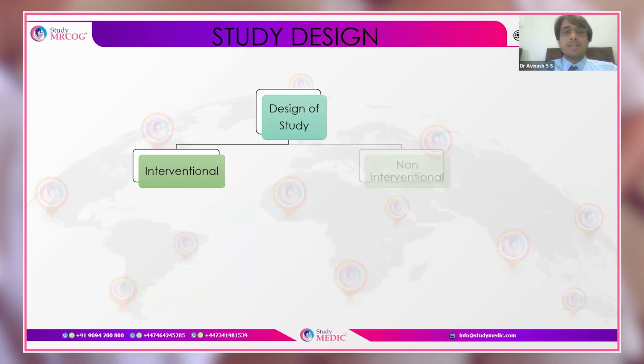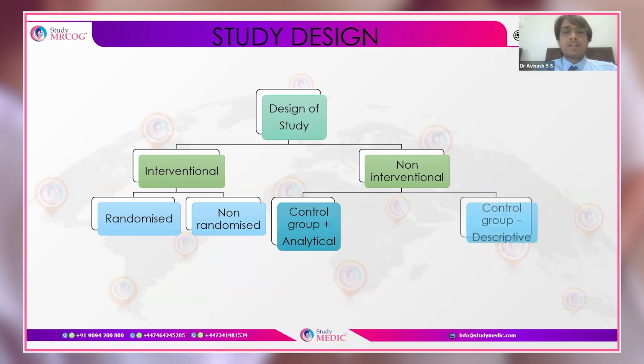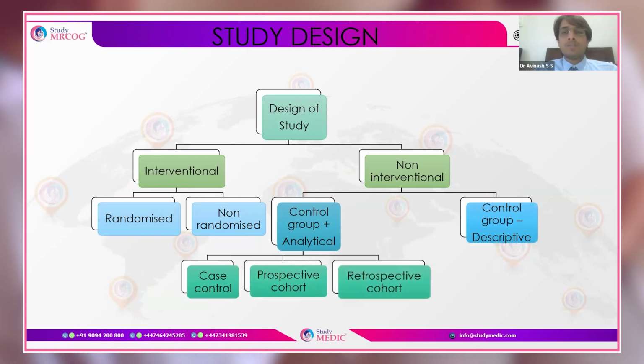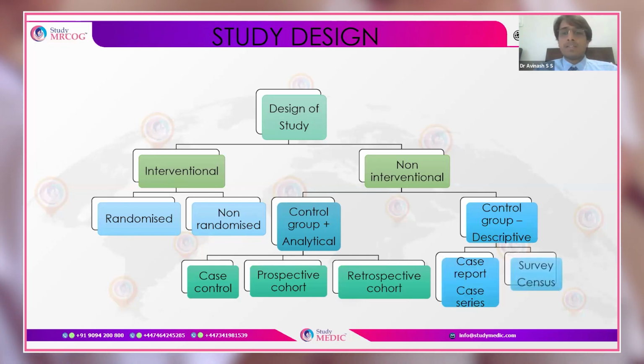Now, to summarize, interventional and non-interventional study designs. Interventional are RCTs and quasi-experimental. Non-interventional are analytical, that is case control, prospective cohort, and cross-sectional with control. And the descriptive are case reports, surveys, and census.